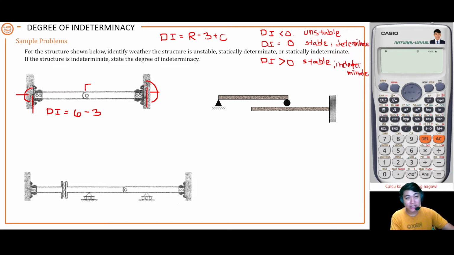This is an internal hinge, which gives you C equal to 1.